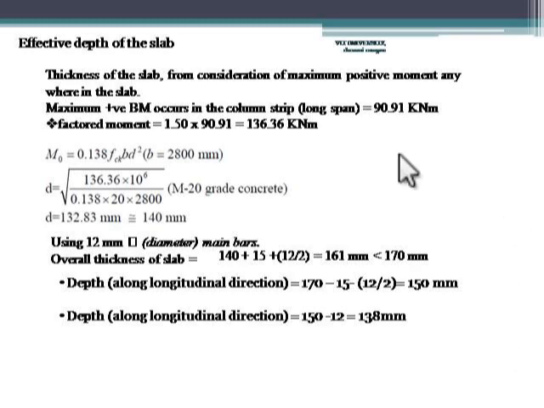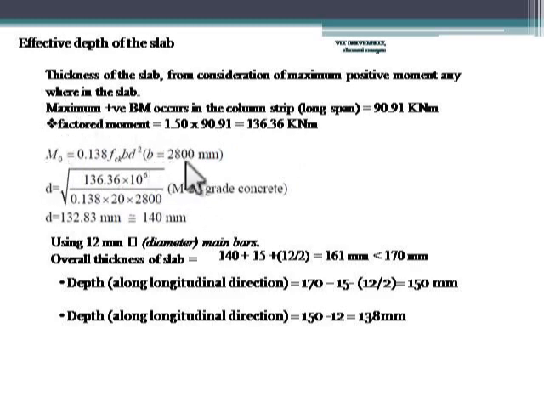Longer span we have taken as 90.91 kilonewton meter. Factored bending moment, that is 1.5 into 90.91, that is 136.36 kilonewton meter.